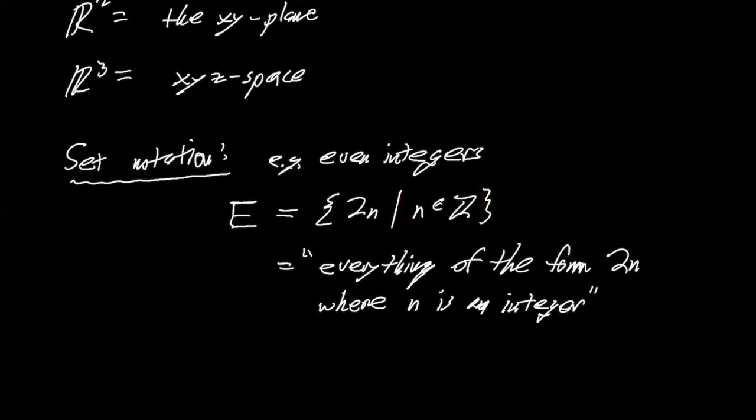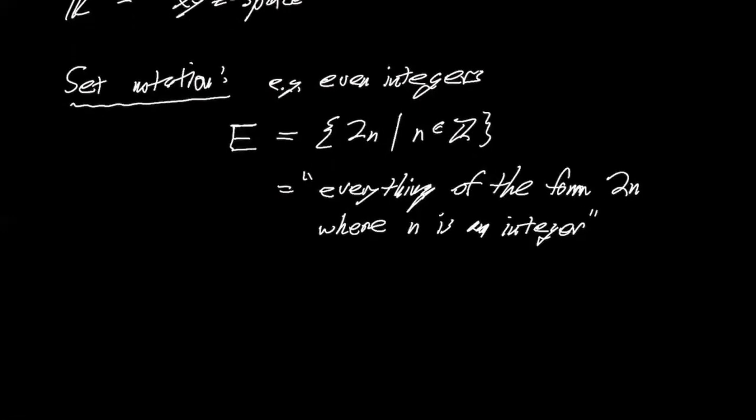Okay, and so this is a very standard thing where you put something before the vertical bar, which is the form of what you're looking at, and you say something after to make sure where everything comes from. There are other ways to use set notation, but that's a pretty basic one.